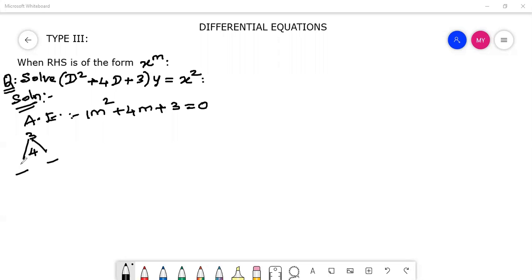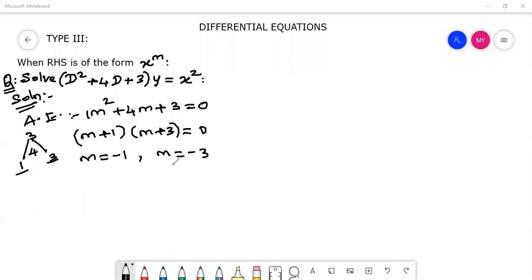So it will be 1 and 3, that is plus 1 and plus 3. Plus 1 times plus 3 is 3, and 1 plus 3 is 4. So my roots are (m + 1)(m + 3) = 0. So m = -1 and m = -3.